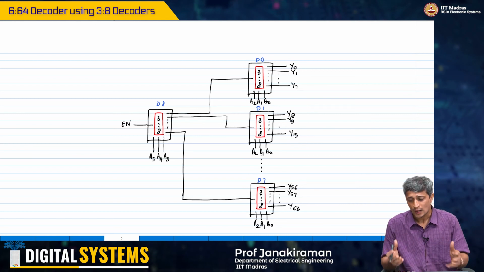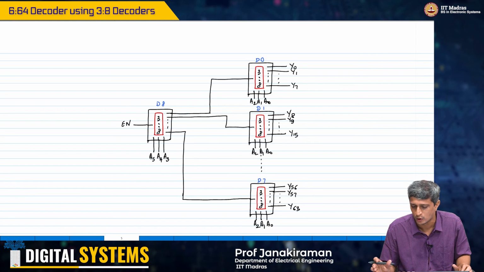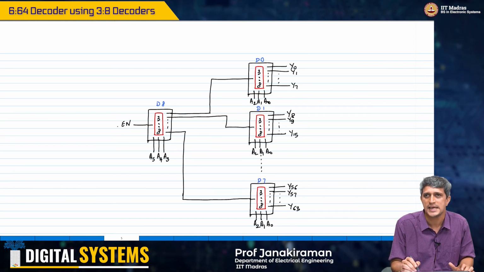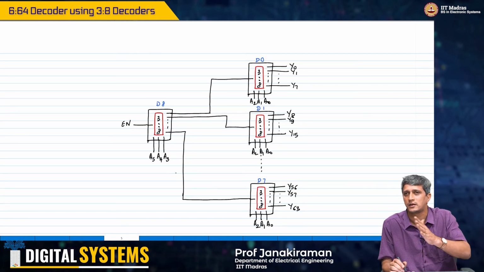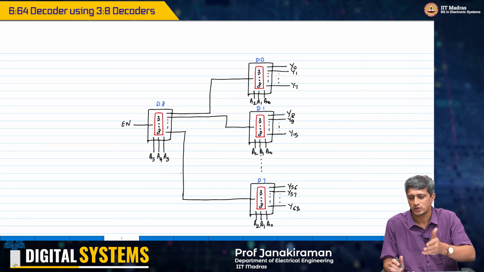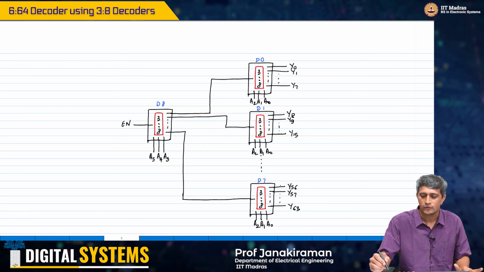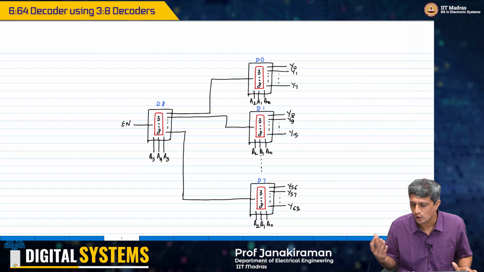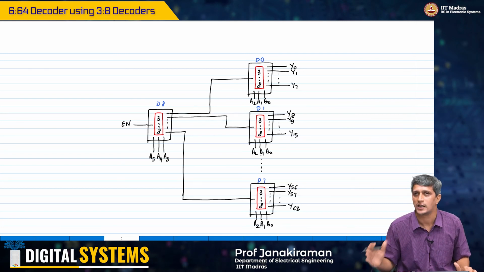Now if you just look at this whole thing again, when enable is 0, En is 0, none of the outputs of D8 will go high, right? Because that's the behavior of that 3:8 decoder. And if none of the enables go high, then none of the enables of D1 to D7 can go high, and therefore none of the outputs Y0 to Y63 can go high.